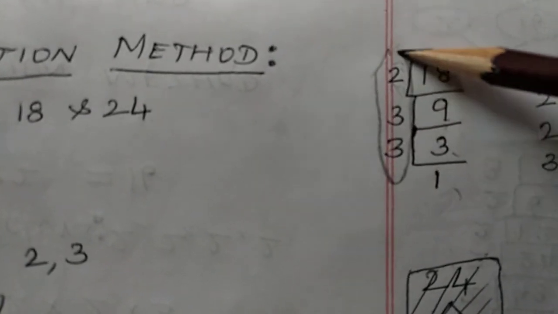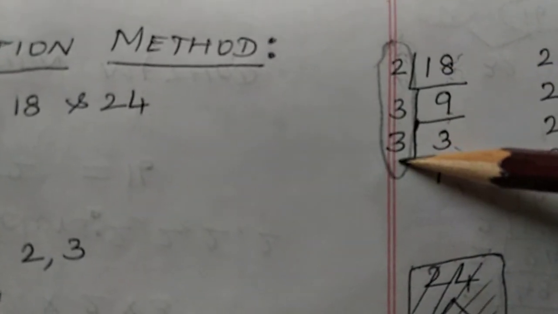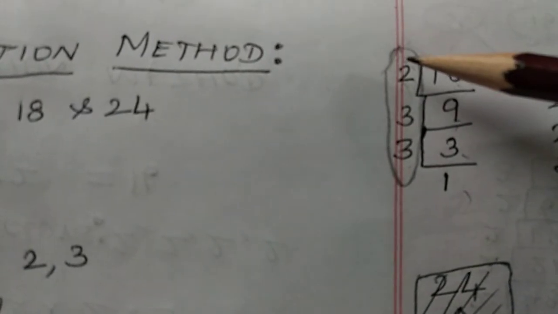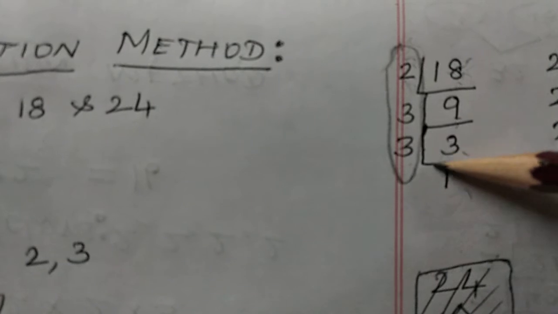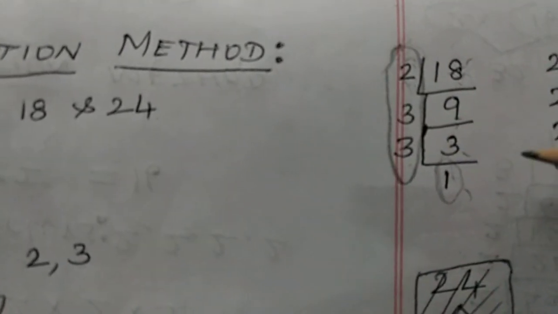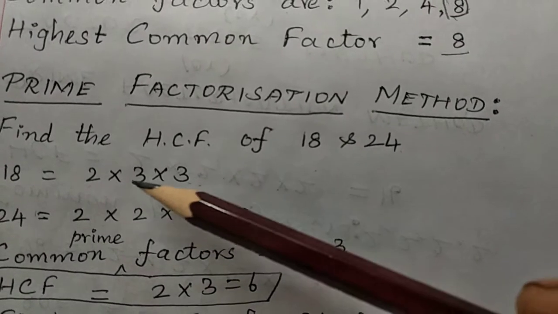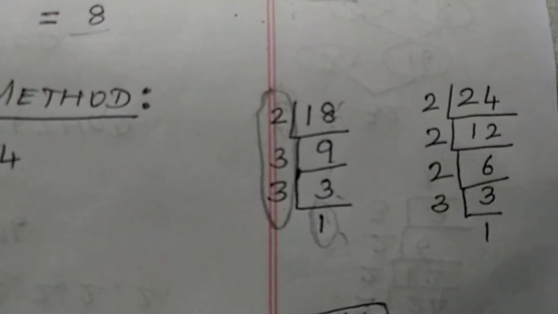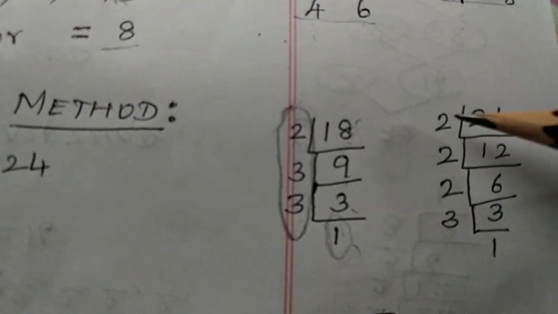Stop here. So 18 is equal to 2 into 3 into 3. While dividing a number by prime numbers, you have to divide till you get 1 in the quotient place. So 18 is equal to 2 into 3 into 3. Similarly, we find the prime factors of 24. 24 is an even number, so divide by 2.